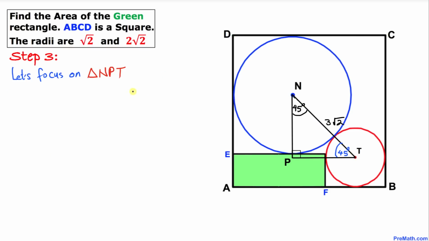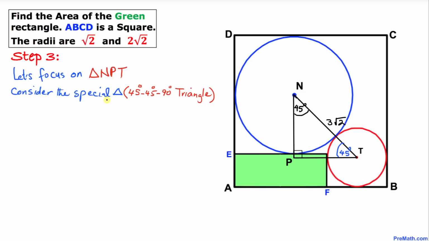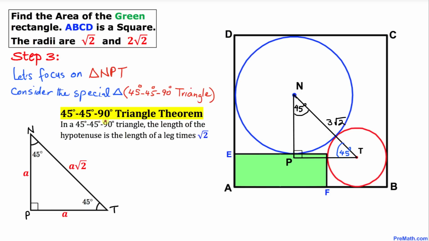And here's our next step. Let's focus on this right triangle NPT. This triangle is a special triangle that represents a 45, 45, 90 degree triangle. Here it is, our 45, 45, 90 degree triangle theorem: in a 45, 45, 90 degree triangle, the length of the hypotenuse is the length of a leg times the square root of 2. In our case, our hypotenuse is 3 times square root of 2, as you can see over here.